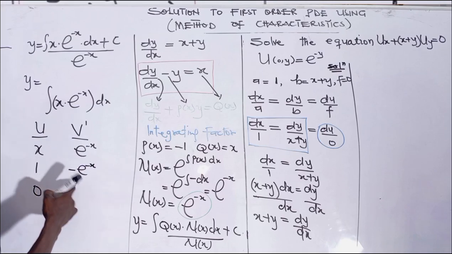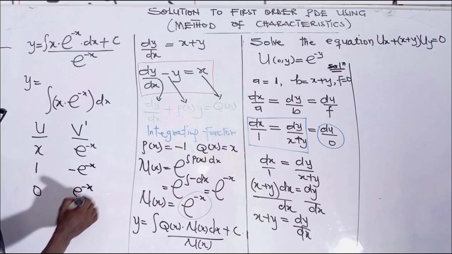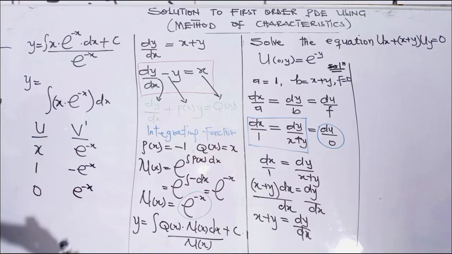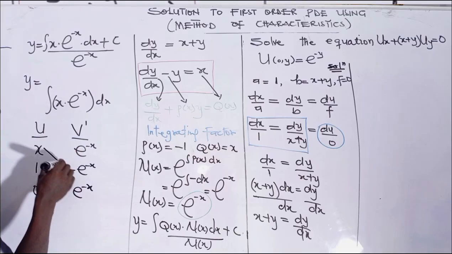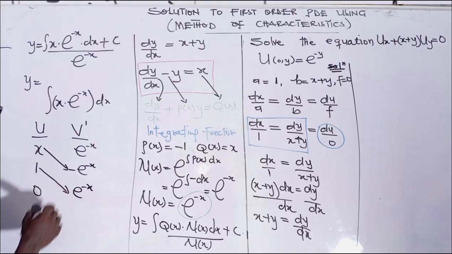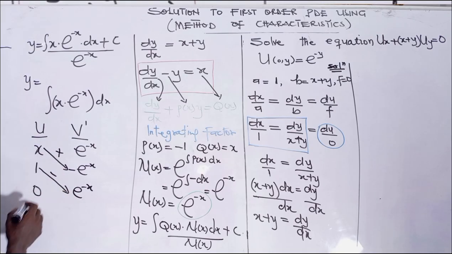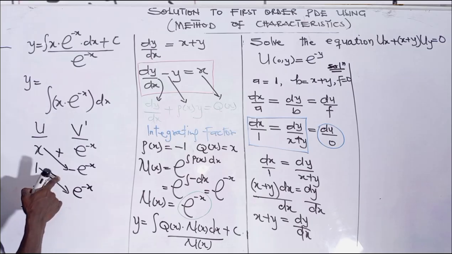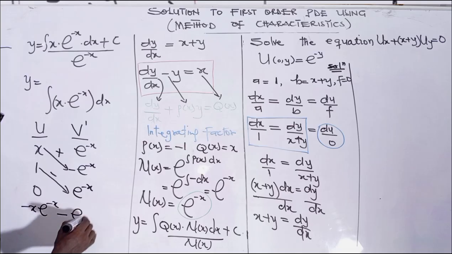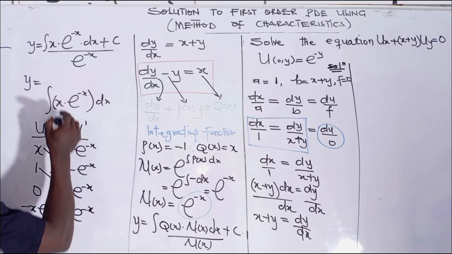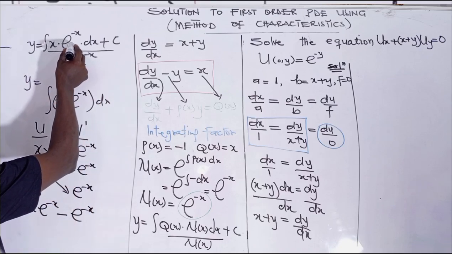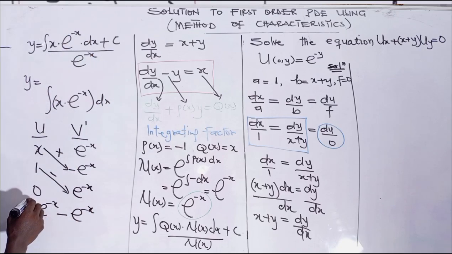When we integrate again, we get e to the power of negative x. Now we have the downward cross product, and then we add our plus and minus signs. So we have negative x e to the power of negative x, and this one also gives us minus e to the power of negative x. So this is what we get when we integrate x multiplying e to the power of negative x.